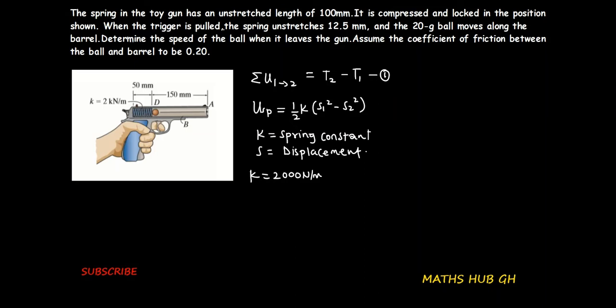Now let's look at something here. Initially, we've been told that the unstretched length of the spring is 100 millimeters, which means that the original length of the spring when no force is acting on it, or when it hasn't been compressed, is 100 millimeters.